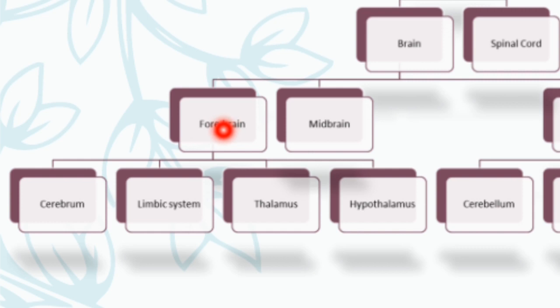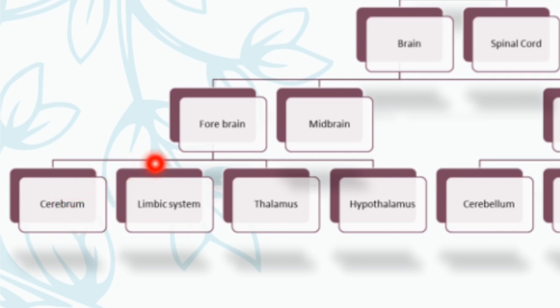In our previous video we have discussed cerebrum, and in cerebrum we have discussed the cerebral cortex, the corpus callosum, and we have also discussed the four types of lobes, and we also discussed the cerebral hemisphere in great detail, and I have given the link in the description. You can simply click on that link and you can watch that video.